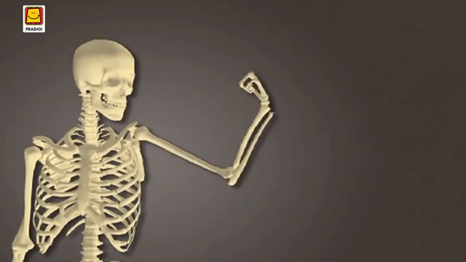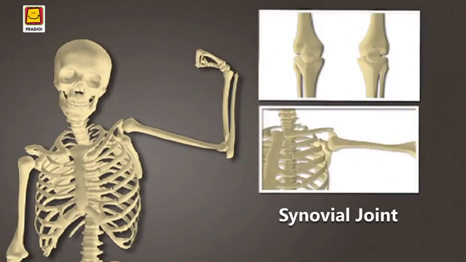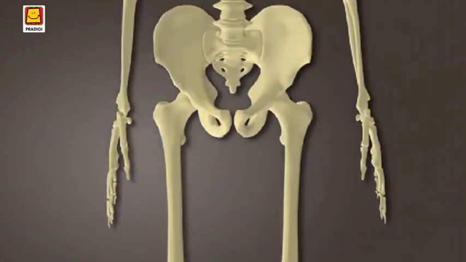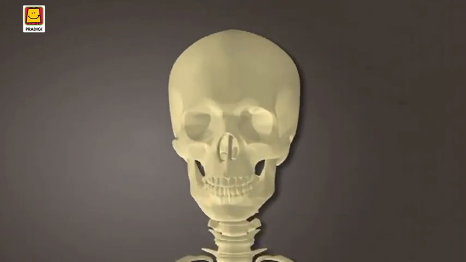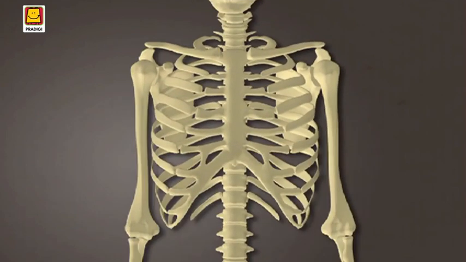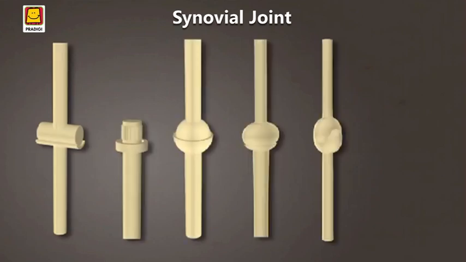The joints which can move, like those we have in our shoulders or knees, are movable joints called synovial joints. The other type of joints are immovable joints, like that of the skull and chest, which do not move at all. The synovial joints have different shapes, but the speciality of these joints is that they allow the bones to move.